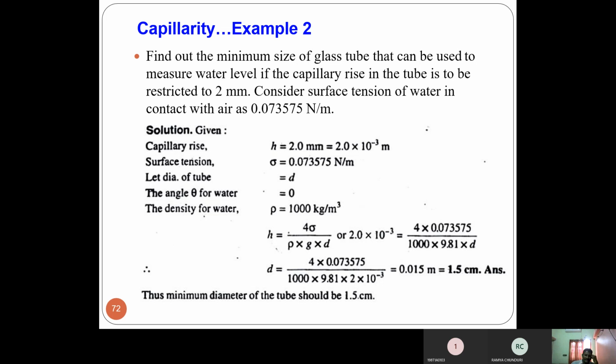And come to the second problem. Find out the minimum size of the glass tube that can be used to measure the water level if the capillary rise in the tube is to be restricted to 2 mm. Consider surface tension of water in contact with air as 0.073575 Newton per meter.